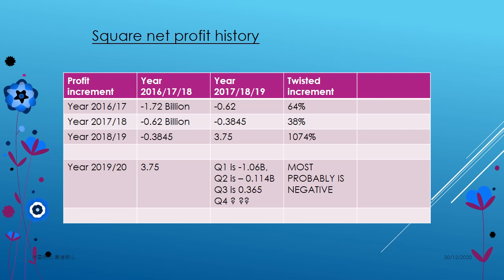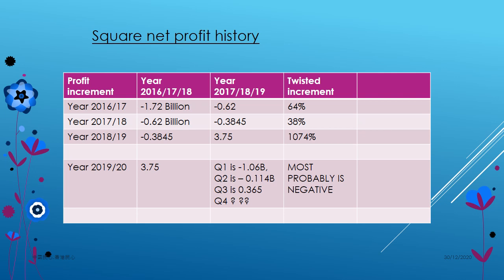When it goes to 2017, after 1 year, it lost less. It only lost 0.62 billion. So actually, this is a twisted increment. It's not an official increment, because normally we won't count a decrease in loss as an increase. I call it a twisted increment. It's 64%, from end of 16 to end of 17, right?